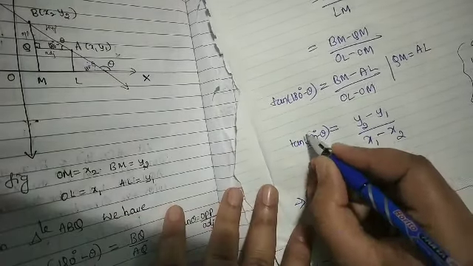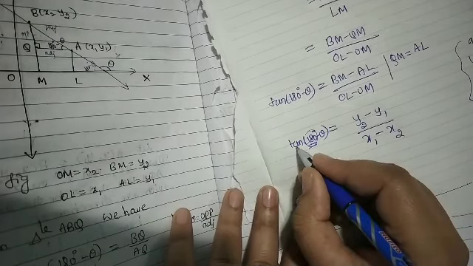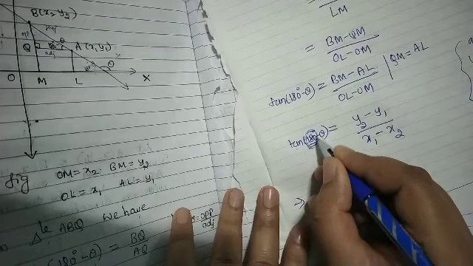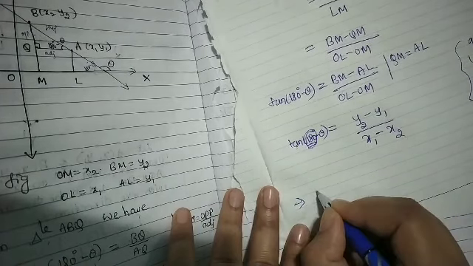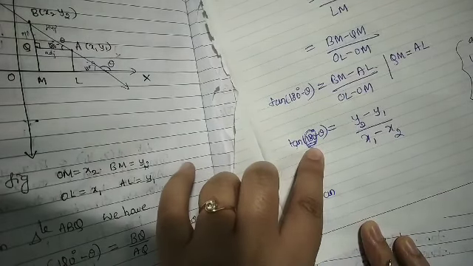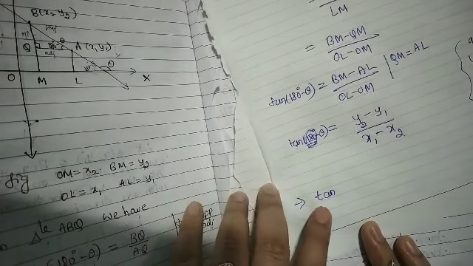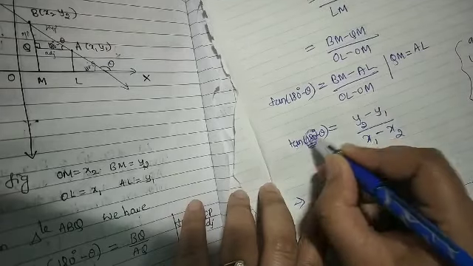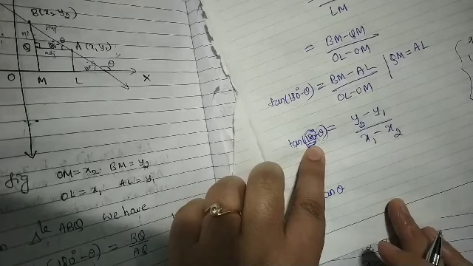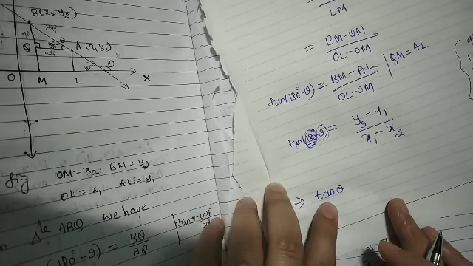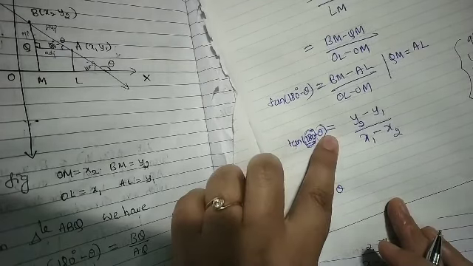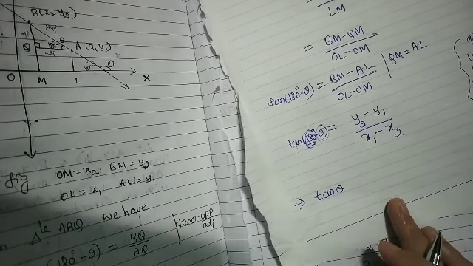If it is an even angle, what is the first condition? For an even angle, the trigonometric function remains the same. So it is tan theta. This is the first condition.